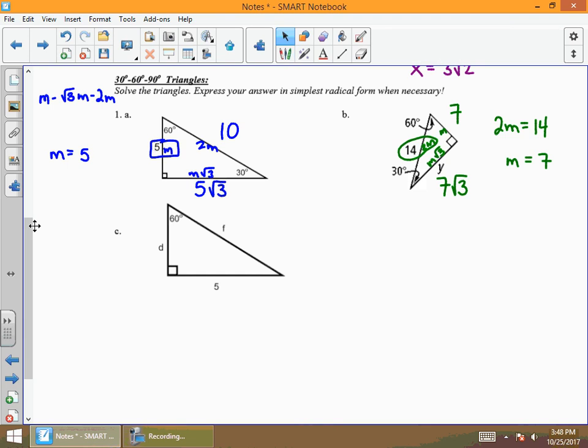And my last one, this is my 30 over here. So across from 30 is m, across from 90 is 2m, and m radical 3. So my equation, here's my 5. So m radical 3 equals 5.